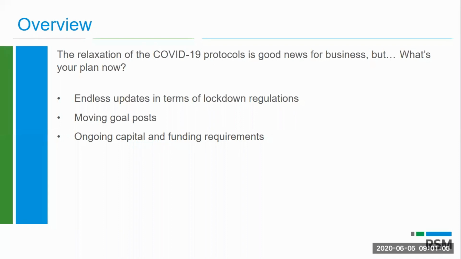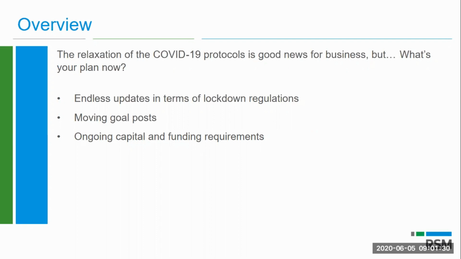What are your compliance requirements, both for your business in terms of on-premise, and in terms of dealing with customers? How is it going to be affecting your supply chain? How is it going to be affecting your employees? How are you going to make use of specific UIF benefits and the government protocols and mechanisms that they've put in place for that?